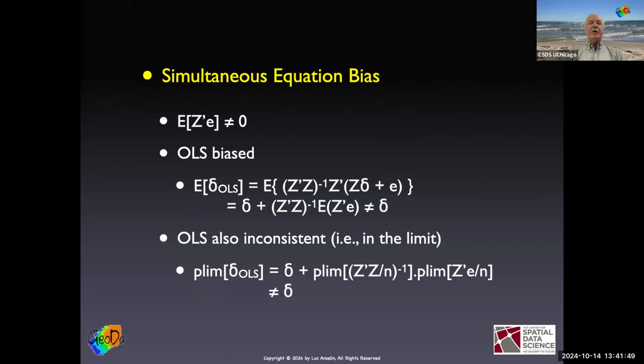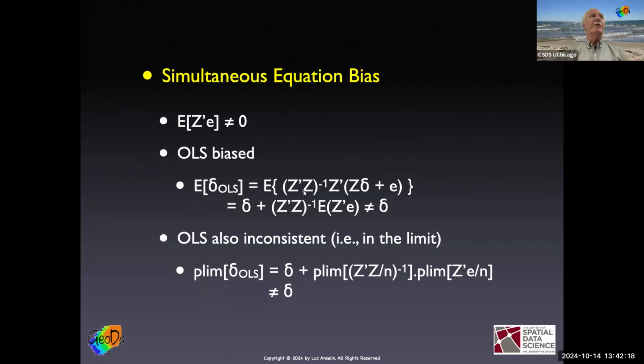So the problem is that because this is non-zero, OLS, ordinary least squares, becomes biased and also inconsistent. So this bad property holds both in terms of finite sample properties, but also going to the limit. So going to the limit doesn't help. Oftentimes it helps, but not in this case.